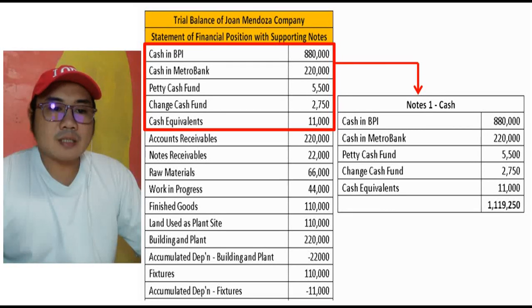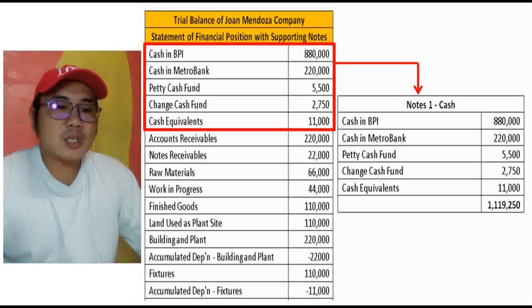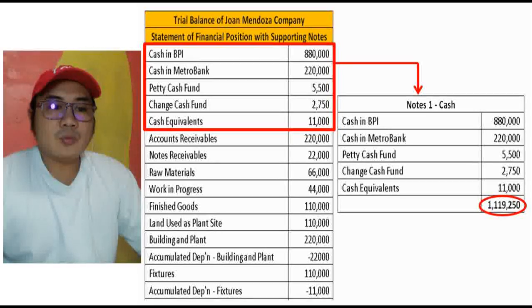Change cash fund, 2,750. Cash equivalents, 11,000. Next, determine the total balance of cash account by adding the individual balances of accounts under Notes 1. And the result is 1,119,250.